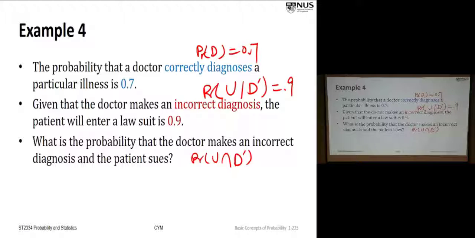So everything seems so easy once you identify them in terms of probability statement. How to find this probability?